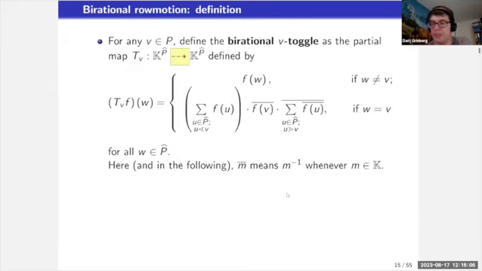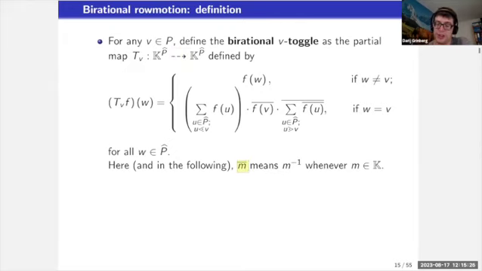And because we are working in an arbitrary ring, that is even worse, because even if the denominator is not 0, there is no guarantee that you can divide by it. So we just say, well, we'll try to divide, and if we cannot, then it's undefined. So it will only be a partial map.